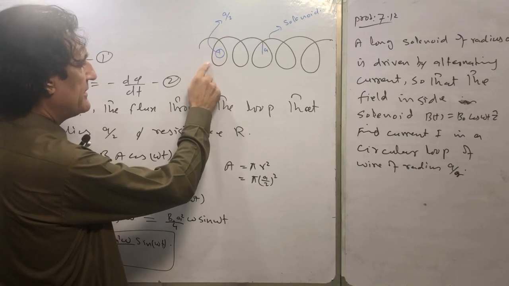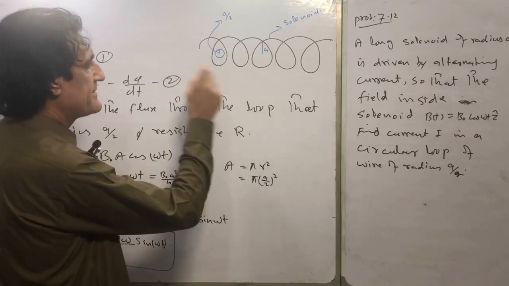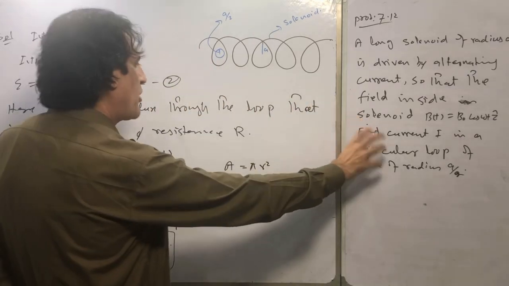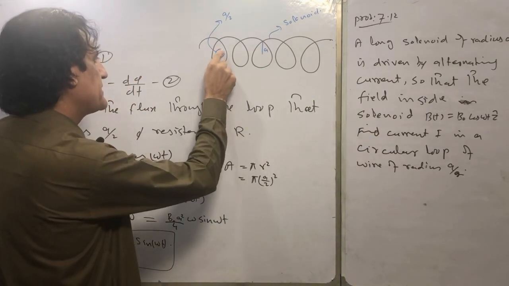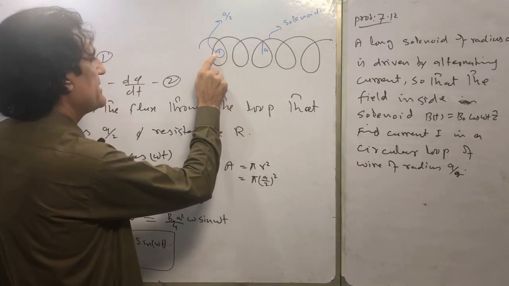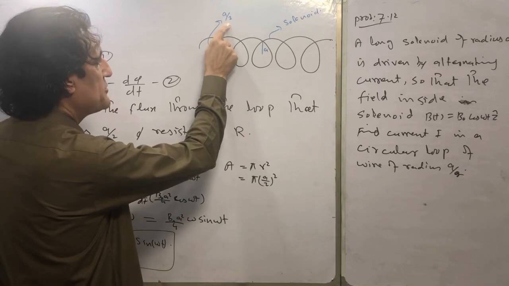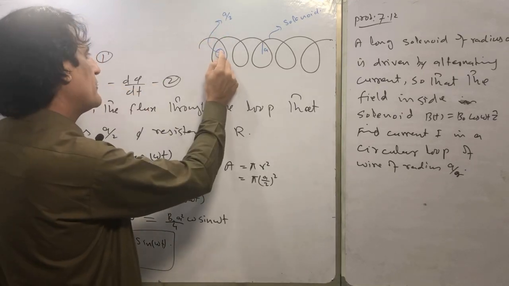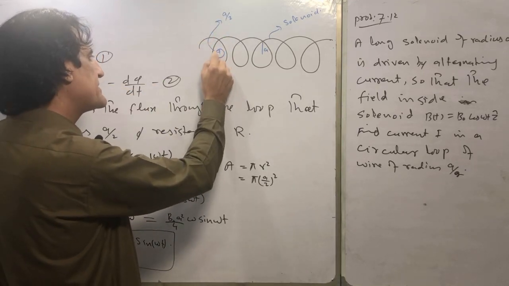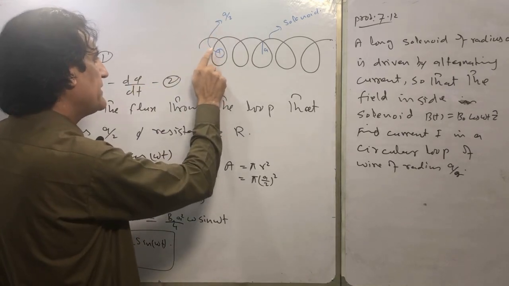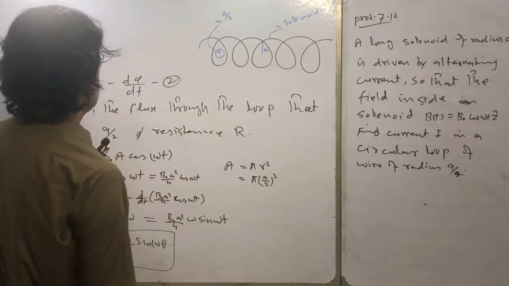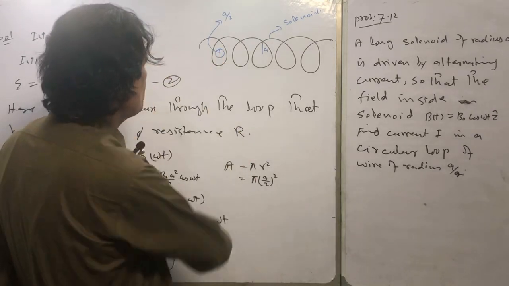The requirement of this problem is to find the current in a loop which has a radius a divided by 2. So we should focus on this circle which has radius a divided by 2, and we must find the current in this loop.